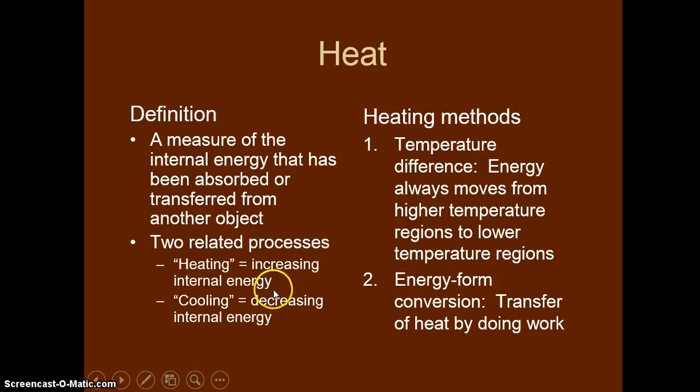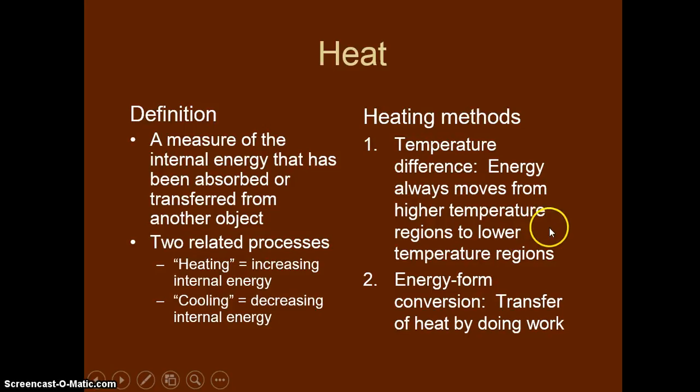And you can cool things down, you can heat them up. By heating something up, you're increasing the internal energy. Cooling something down, you're decreasing the internal energy. And when there's a difference in temperature, this is really important. This idea, which turns out to be one of the laws of thermodynamics, is that when there's a difference in temperature, energy will always flow from the higher temperature to the lower temperature.